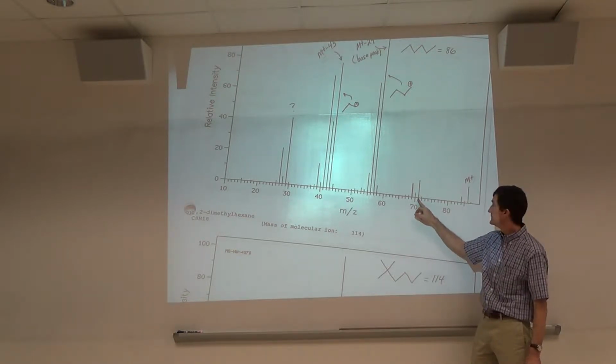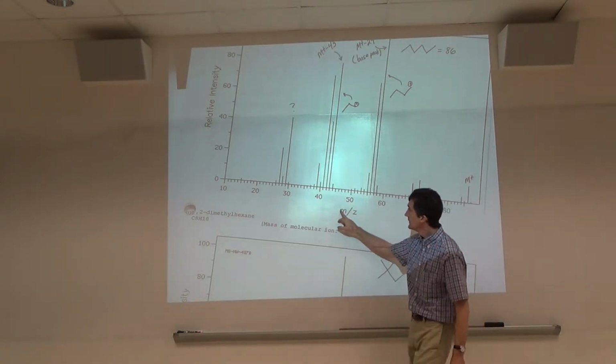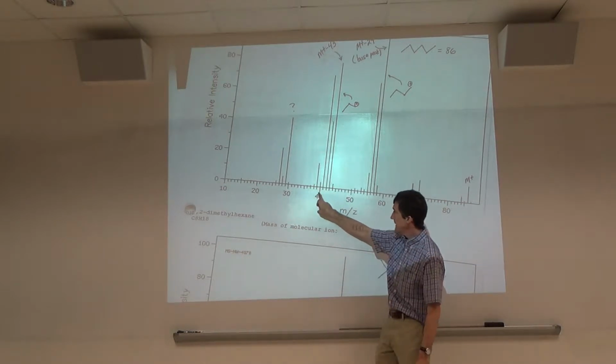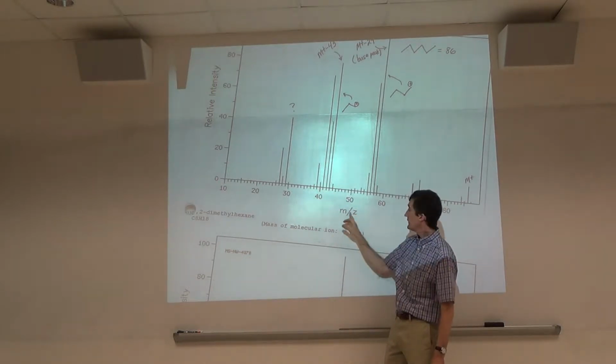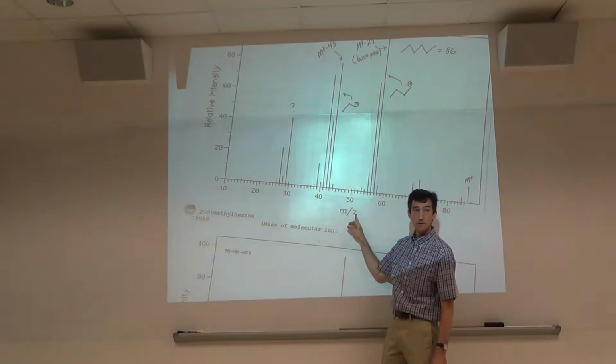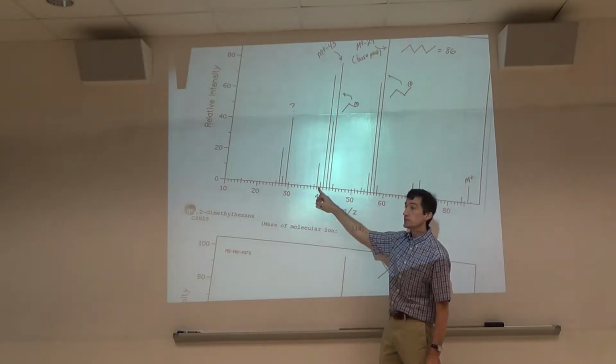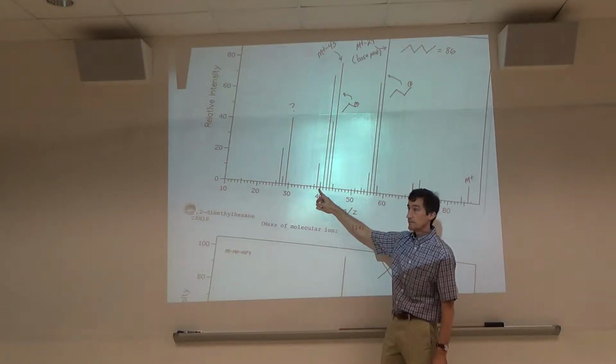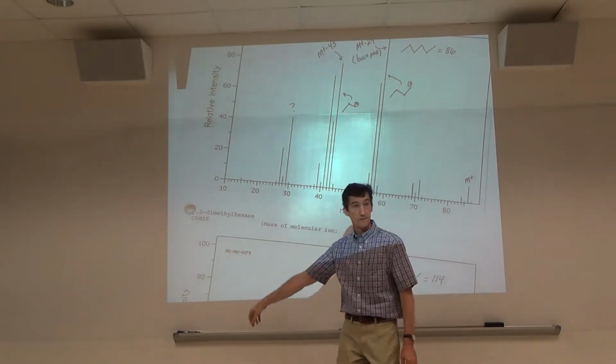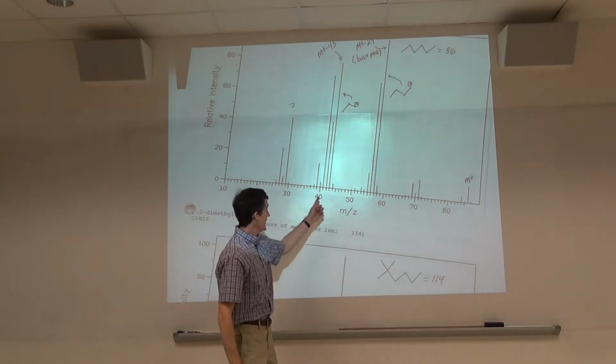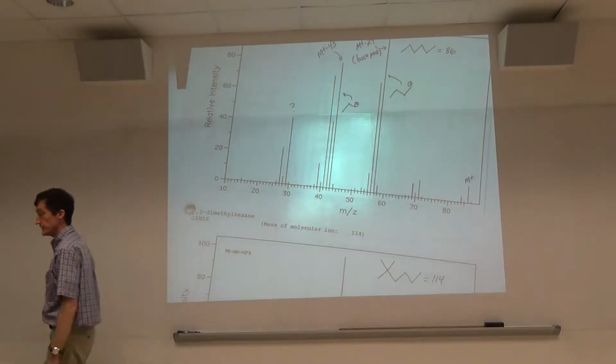Let's do a whole number, 40. If the charge is 1, the mass is 40. What if the charge is 2? The mass is really 80. This is the ratio. The ratio is 40.